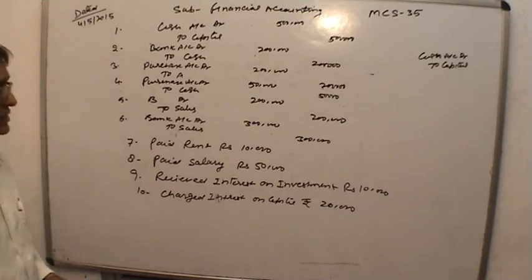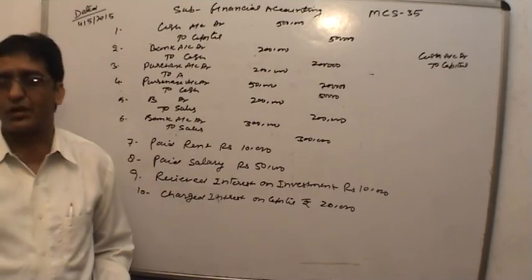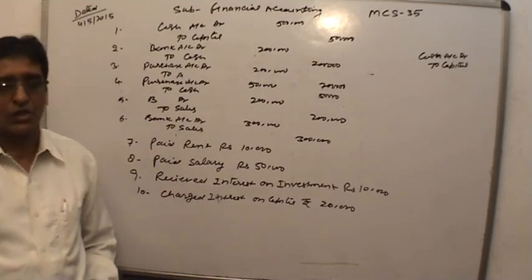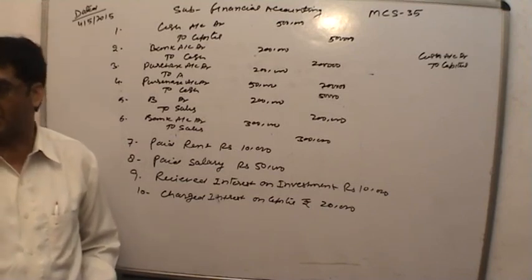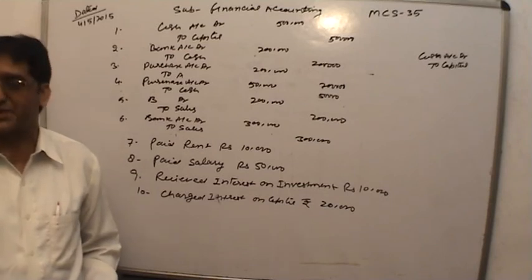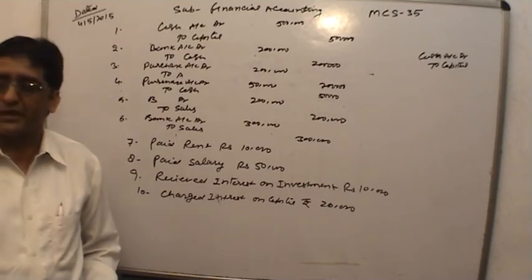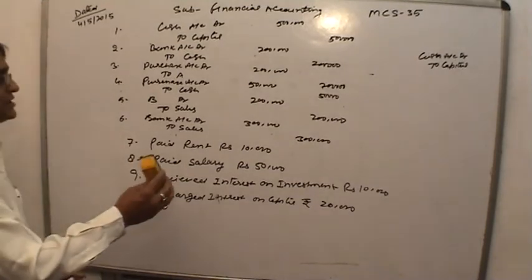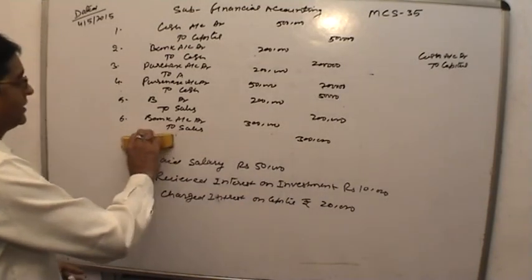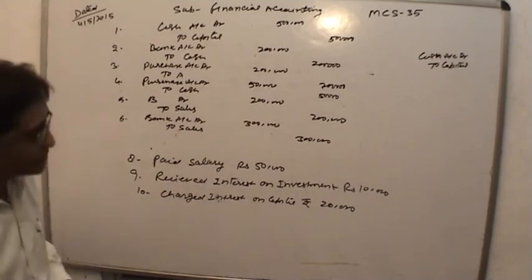Then paid rent. Rent is a nominal account, and according to golden rule number 3, debit all expenses and losses and credit all incomes and gains. So rent is an expenditure, therefore it will be debited by rupees 10,000.